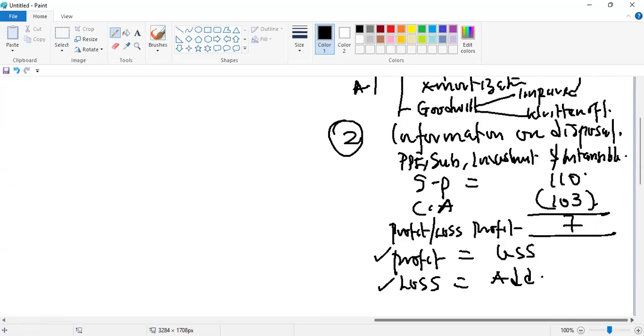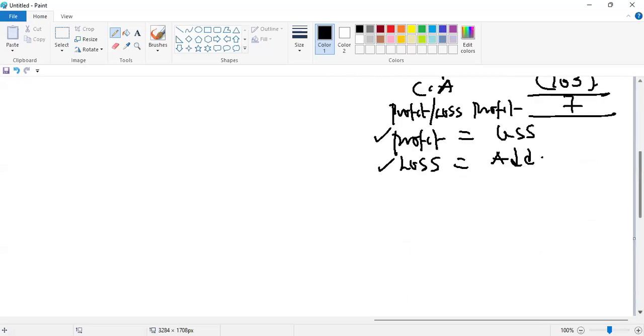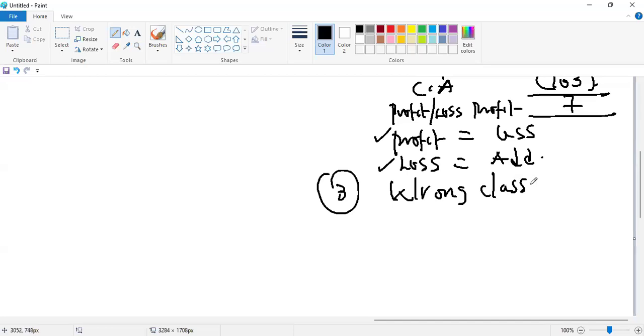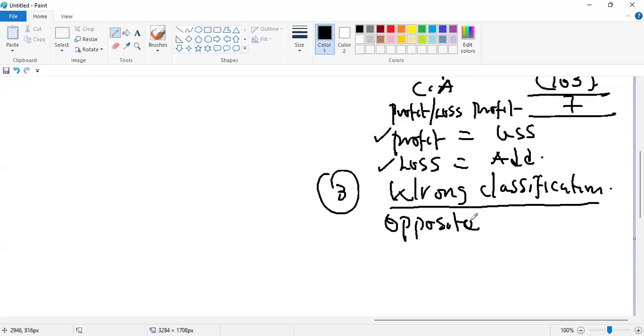The next thing on the template, wrong classification. How do I know wrong classification? I have picked profit before tax, opposite of the question. Look at it.